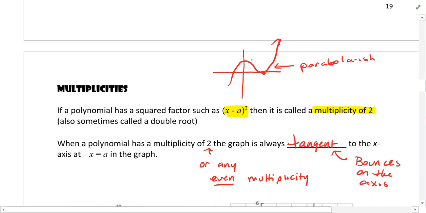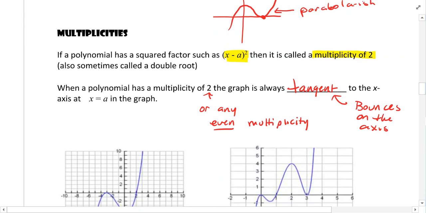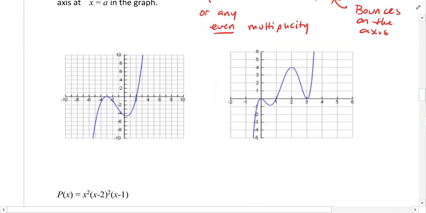You can see how here it had been in the positives and it stayed in the positives instead of being in the positives and then heading into the negatives. That's what we're referring to when we say tangent to the x-axis. So you can see right here, this example has a tangent to the x-axis.